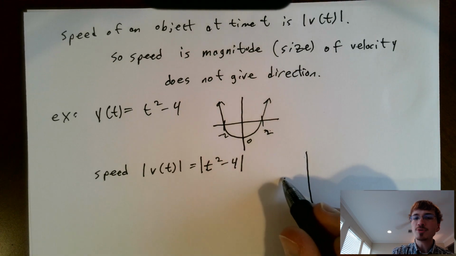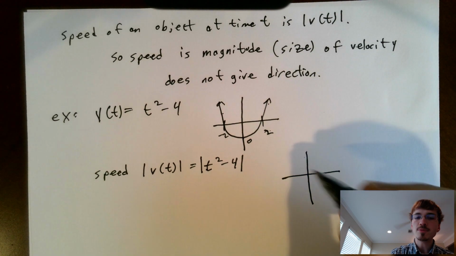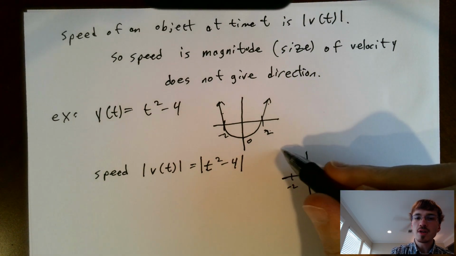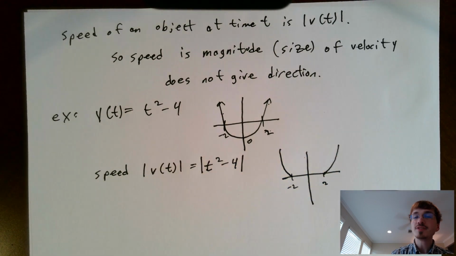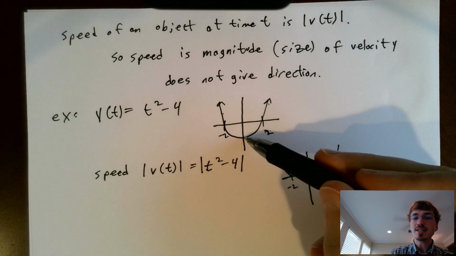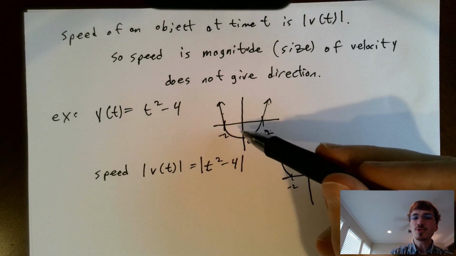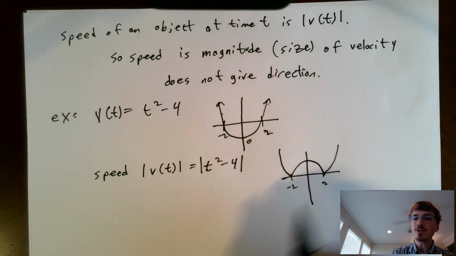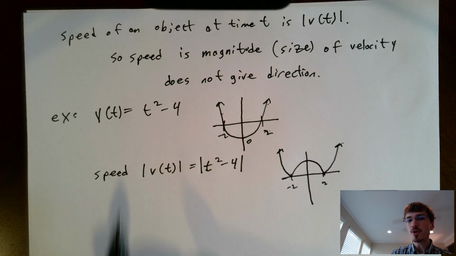What do we know the absolute value function does? If it's positive, it keeps it positive. And what does it do if it's negative? It takes the negative of it. And what does multiplying by a negative do on the outside? That's your vertical flip, so it flips it about the x-axis. So here's what the absolute value function looks like, and this is now a graph of the speed of a particle with this velocity function v of t.